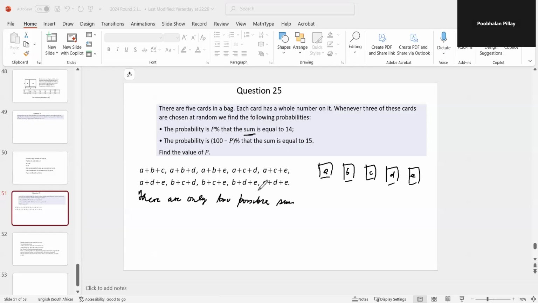All right, now, these are the sums now. So A, B, C, D, E, right? When you add any three of these, you're going to get either 14 or you're going to get 15. Now, I just want to point out here that you can't have three different numbers. Okay, let's say you can't have A and B and C all to be all different. Right? Suppose all different.